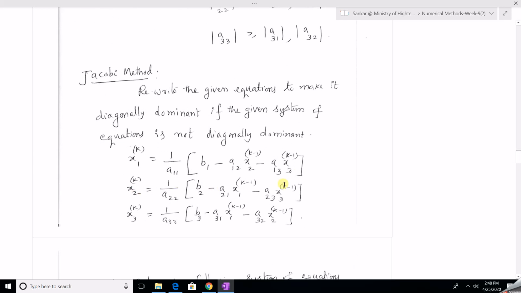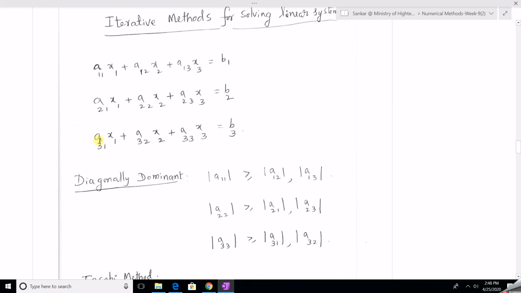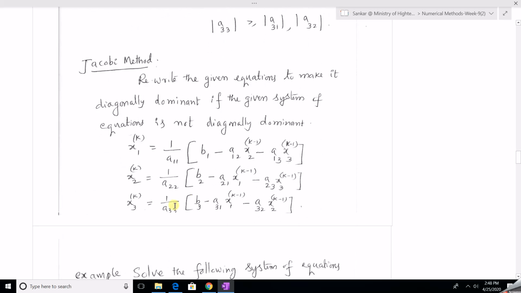And similarly from the third equation we have to solve for x3. So x3 is equal to, taking the x1 and x2 terms to the right hand side, b3 minus a31 x1 minus a32 x2, divided by a33. So that is this equation.